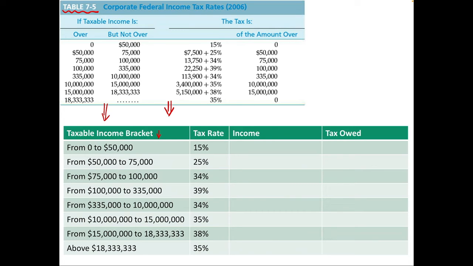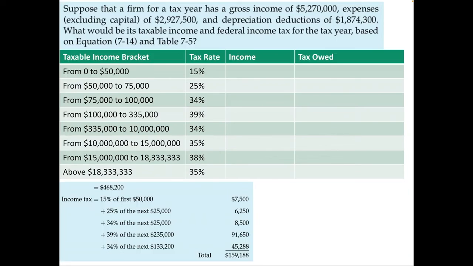Okay, then if you still have an additional amount, between 75,000 and 100,000, then that amount needs to use 34% to calculate the tax, and so on. So you need to first slice your income into different brackets and fill them up.